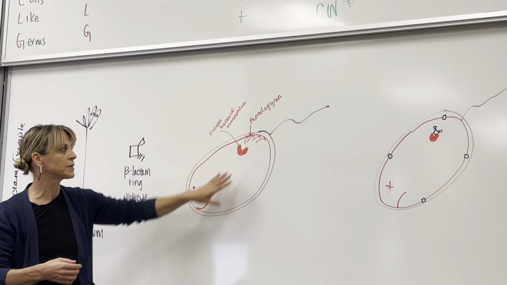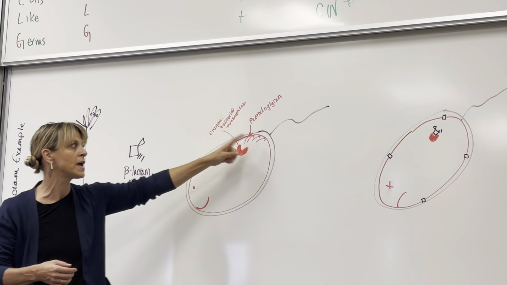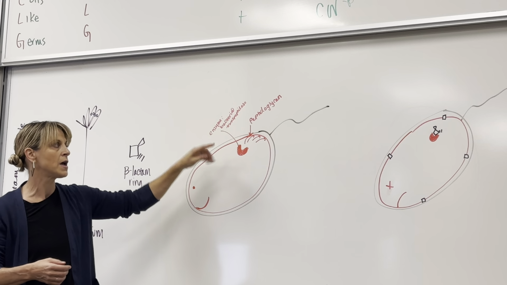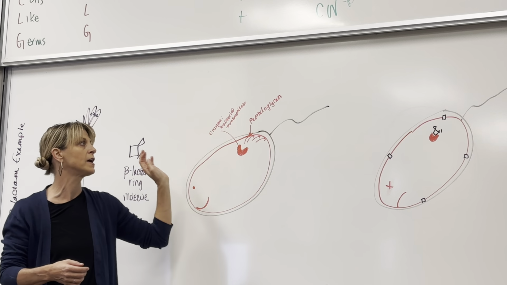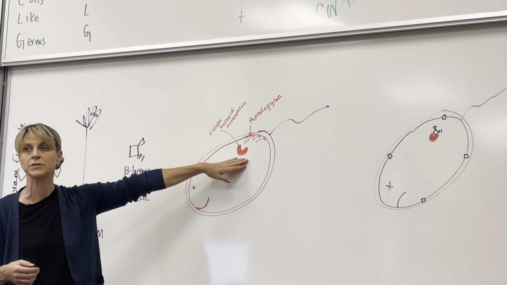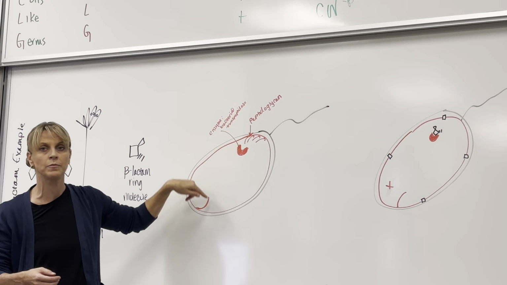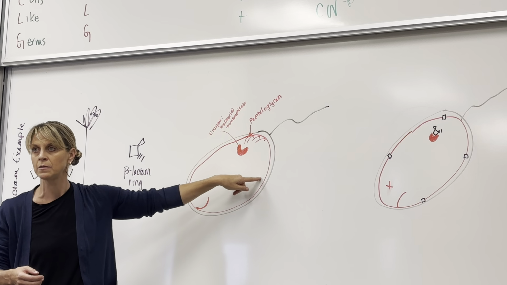A happy bacteria has this bacterial transpeptidase enzyme that lays down new peptidoglycan, and then it can divide through binary fission.